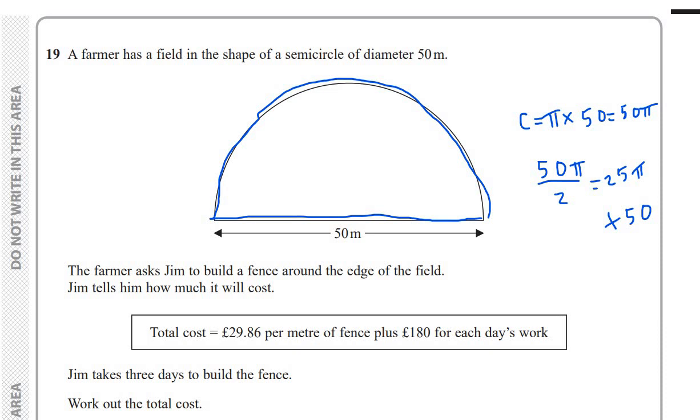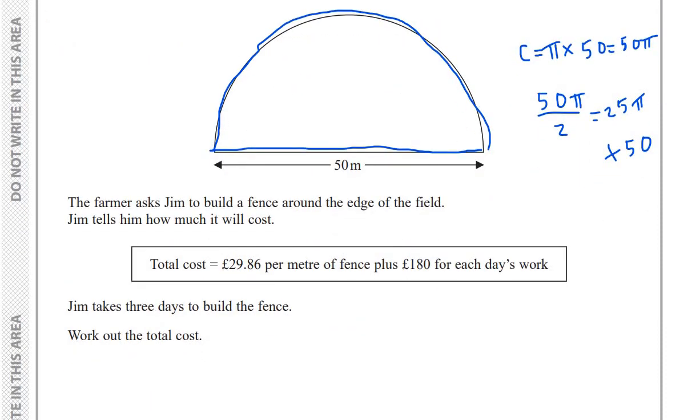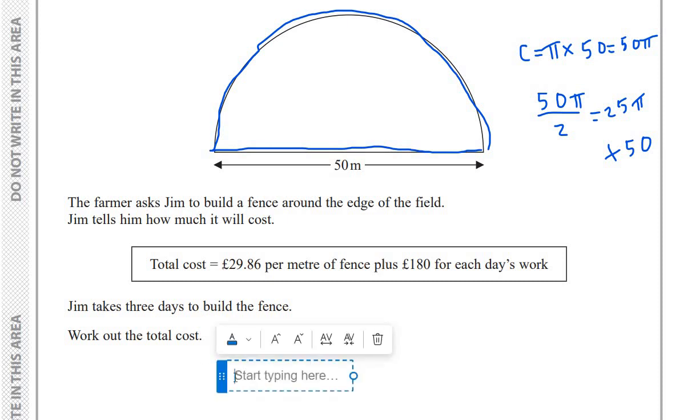29.86 per meter. All right. So the cost of fence is 29.86 times 25 pi plus 50. So this is the calculation that we need to do.